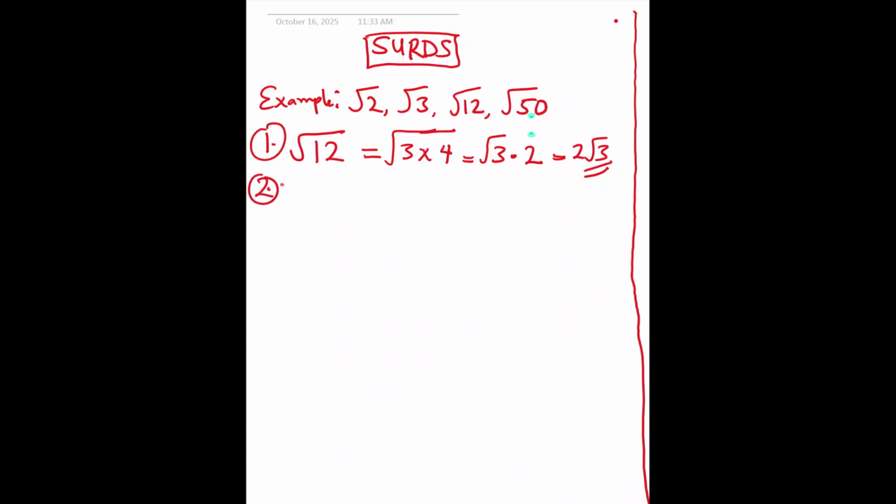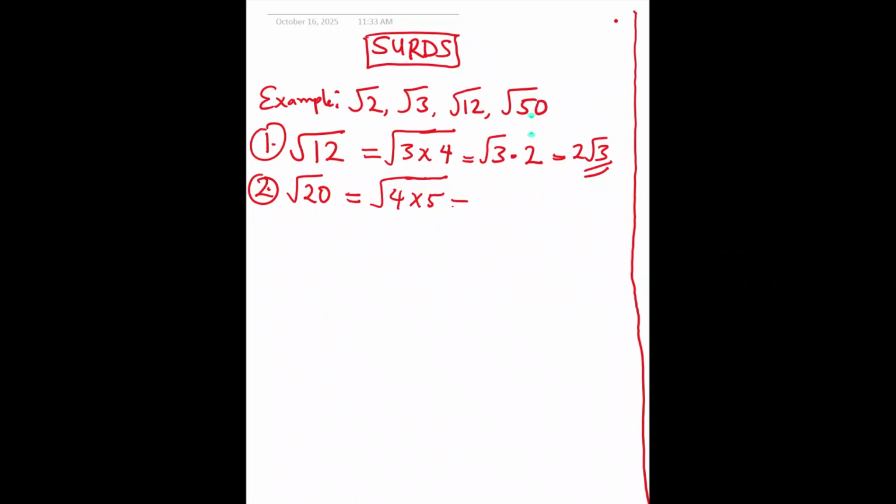So that's number one. Number two, let's do root 20. In root 20, 2 times 10 is 20, but we cannot find the square root of 2, and we cannot find the square root of 10. So let's move up. There's no number that can be multiplied with 3 that will give us 20. So we can move up to 4. 4 times 5 is 20, right? We can find the square root of 4, but we cannot find the square root of 5. So the square root of 4 times 5 is equal to the square root of 20.